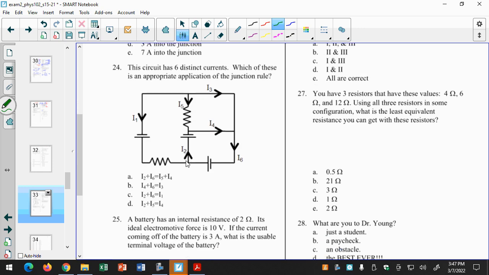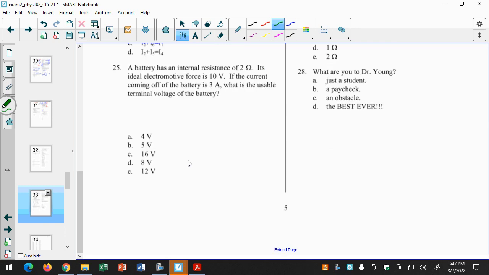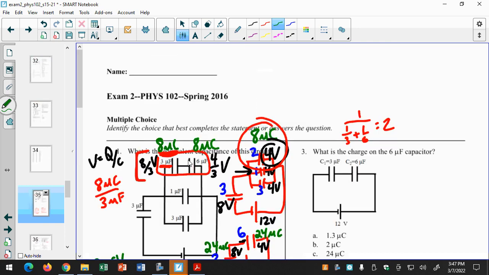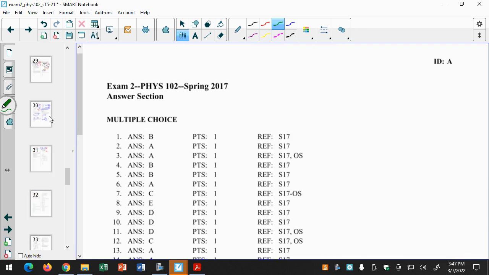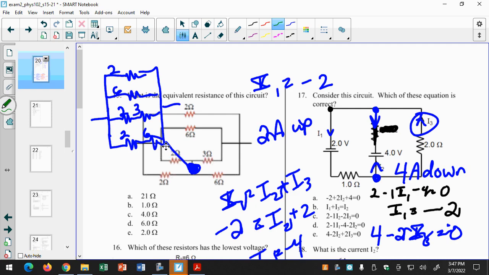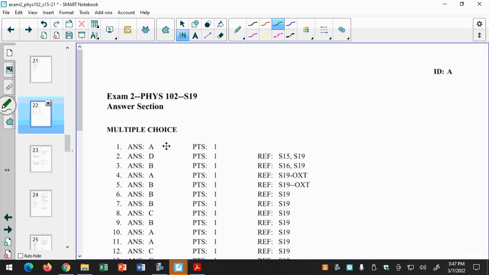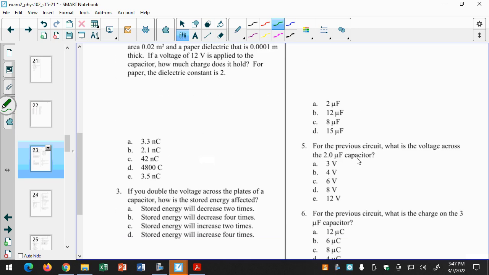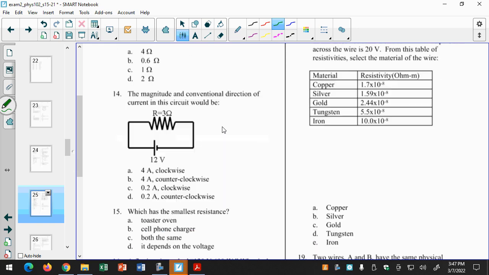I don't really remember what's on it. It might have optics on it for all I know. Oh wait, no, we're not doing optics yet, are we? I'm just joking. Are you talking about this one, Tiffany? That's what I was talking about. Yeah, I know.